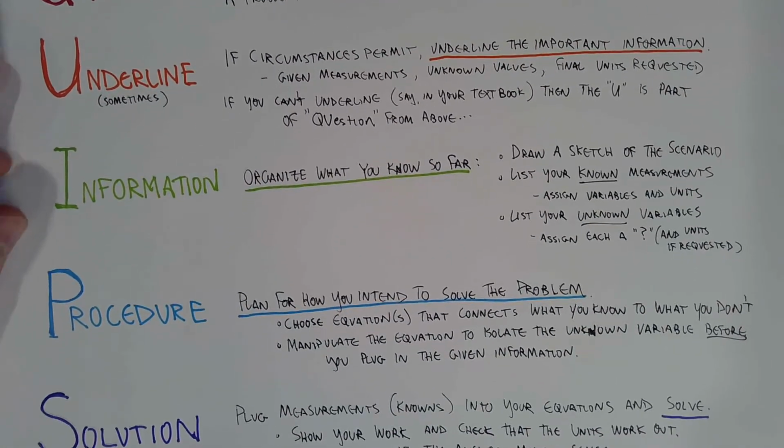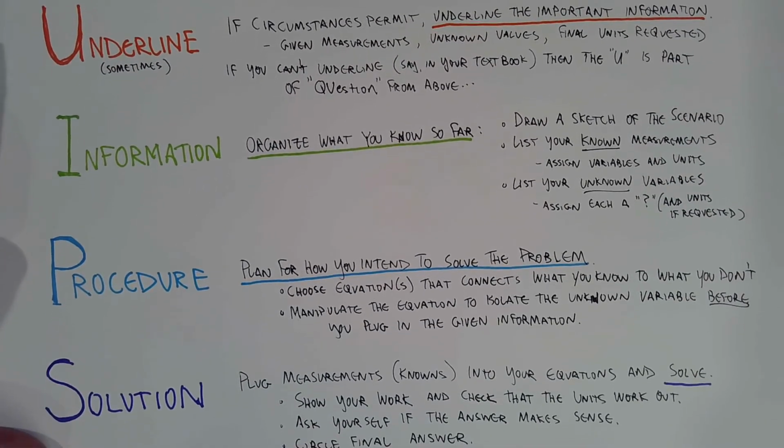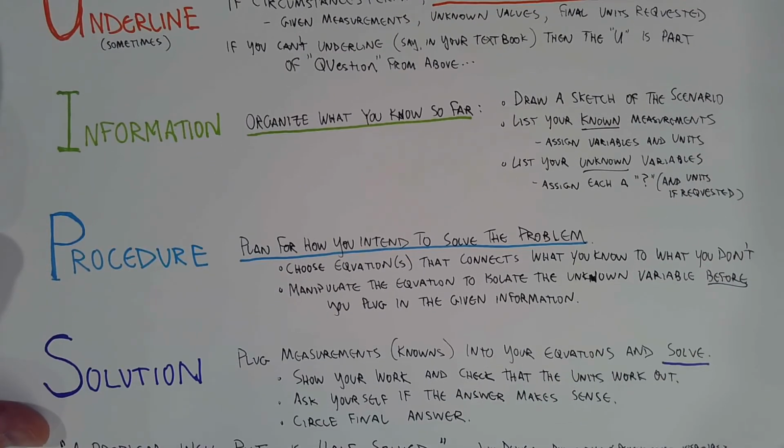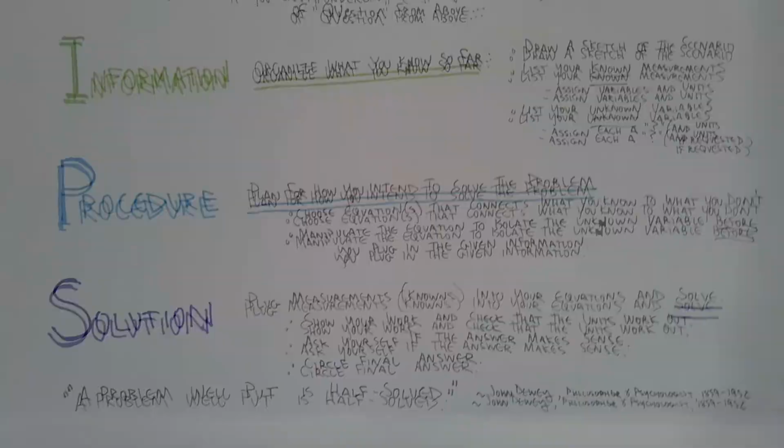The procedure is, again, focused on using the right formula, choosing the right equation and manipulating it, and then you're going to actually solve it out. That's it. Introductory physics is a lot of the same thing. Again, you'll have different initial information, you'll have different formulas. It may feel different when you move to different units, but it's really the same procedure every time once you get the hang of it.